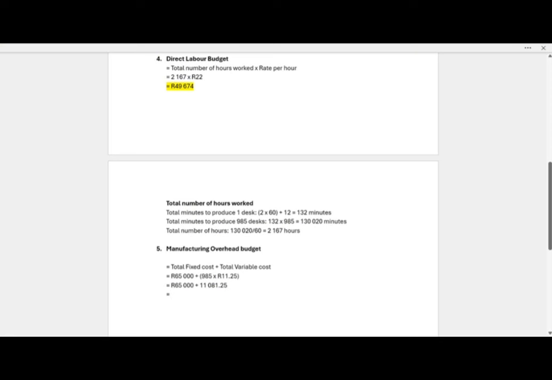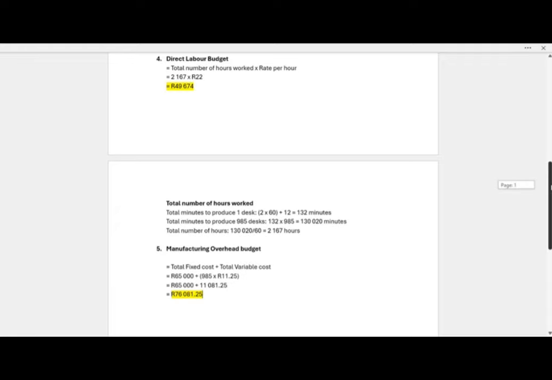I am getting 65,000 plus 11,081.25, which is 76,081 rand 25 cents. That is your manufacturing overheads budget. Very simple, a bit tricky, but simple.